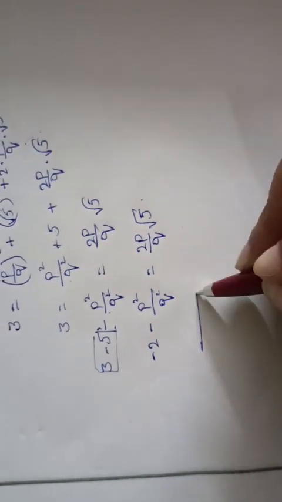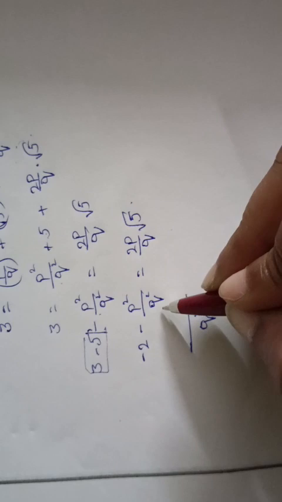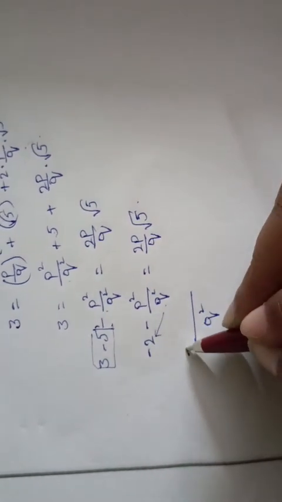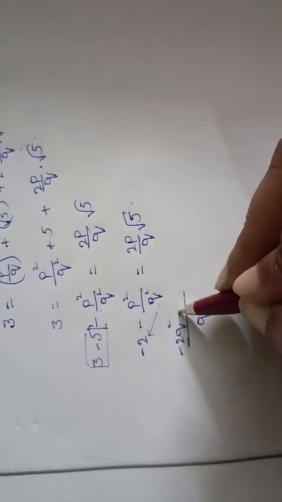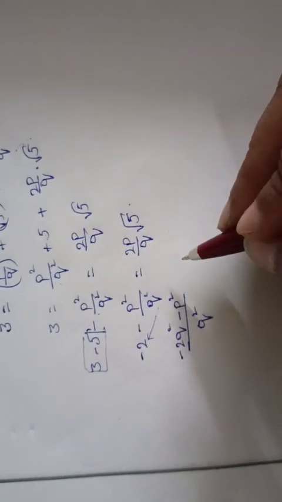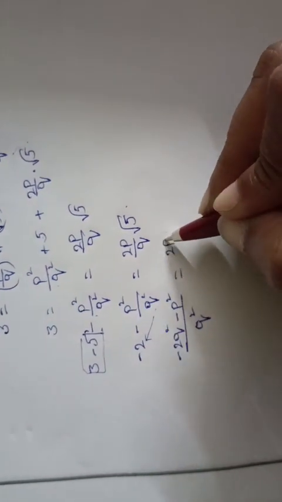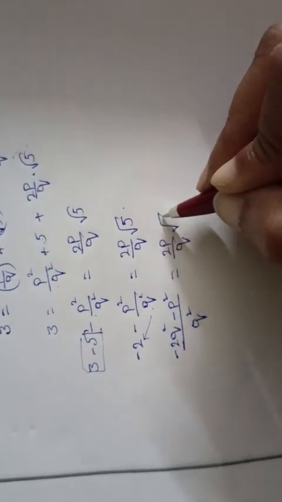Take the LCM as q square here, and now multiply these two, that is minus 2q square minus p square is equal to 2p by q into root 5.